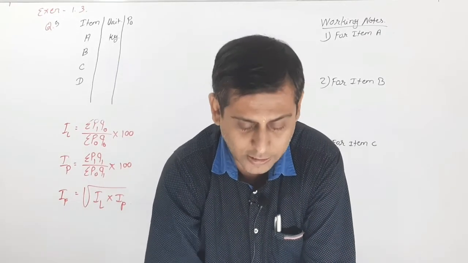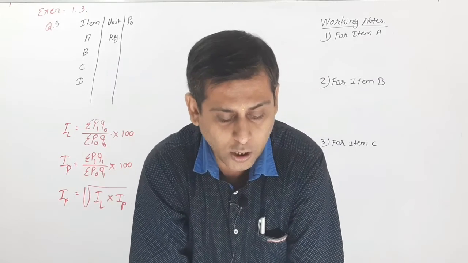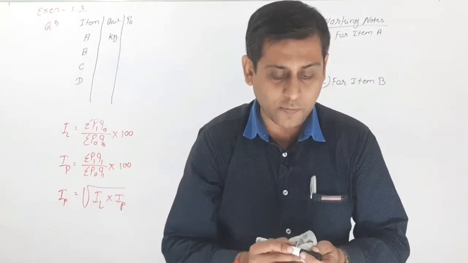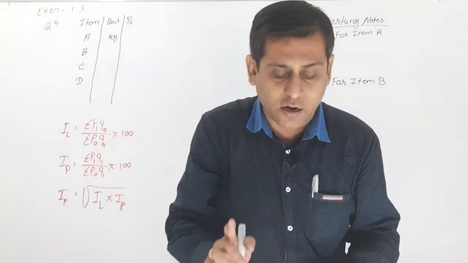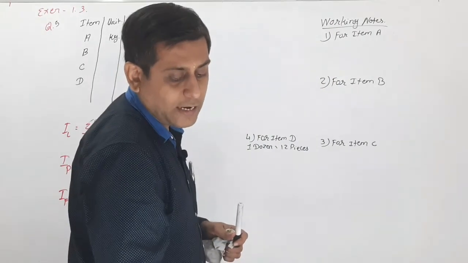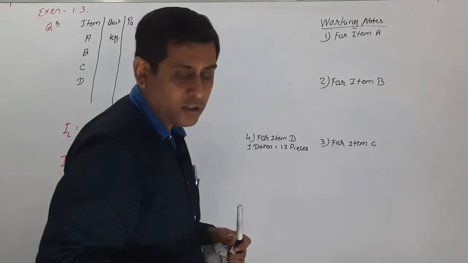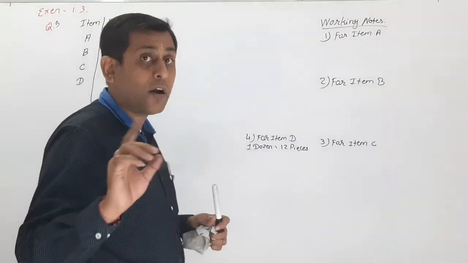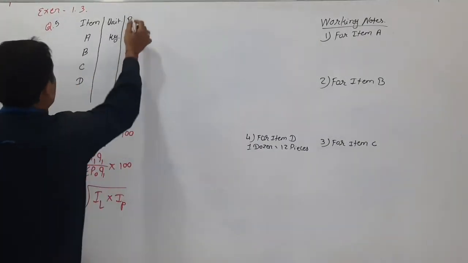You have to change the question to base year 2014 and current year 2015, or you can say that the price and quantity of the base year are given first and the price and quantity of the current year are given in the next point.